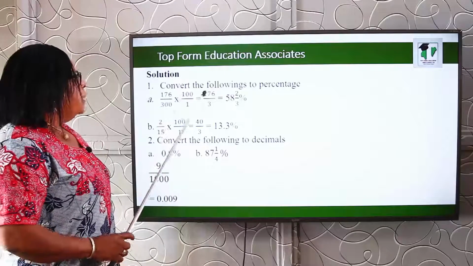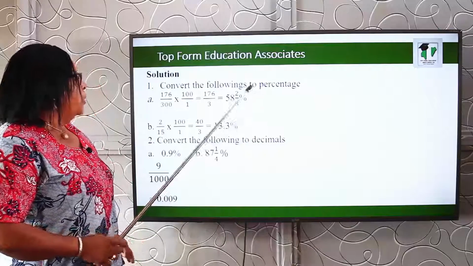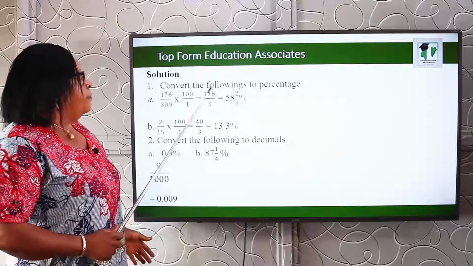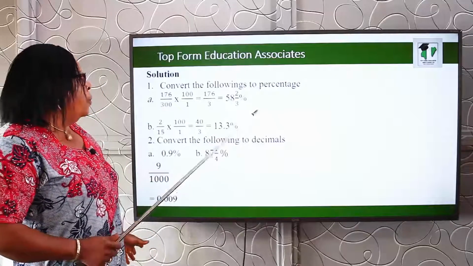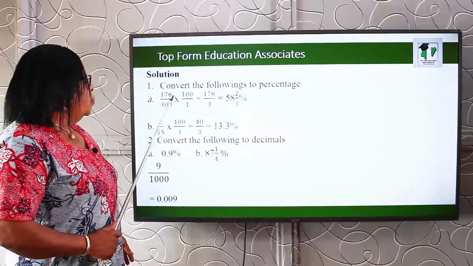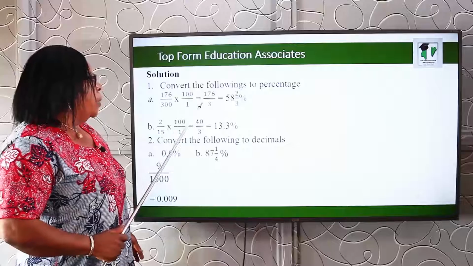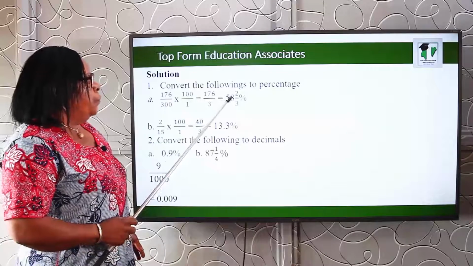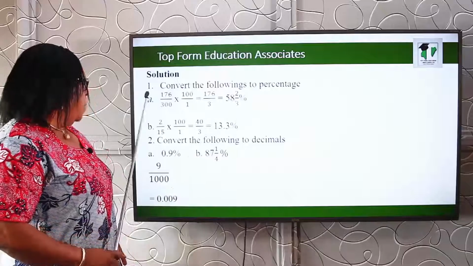Number 1, convert the following to percentages. Just recall that when you are converting a fraction to a percentage, you multiply the fraction by 100. So when you do the multiplication, 176 over 300 times 100 over 1 will give you 58 2 over 3%.